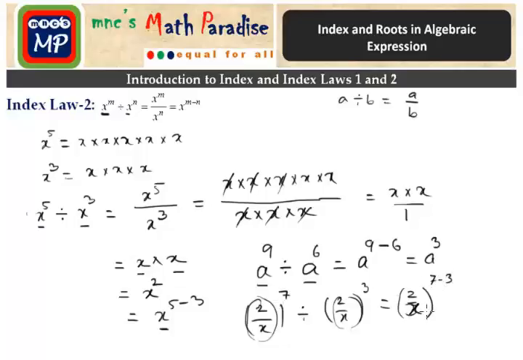That means 7 minus 3, so we will get 2 by x to the power 4. So the subtraction formula, index law 2, says that when two index form terms have the same base and one is dividing the other, the result will have the same base and the power will be subtracted, the first one minus the second one.